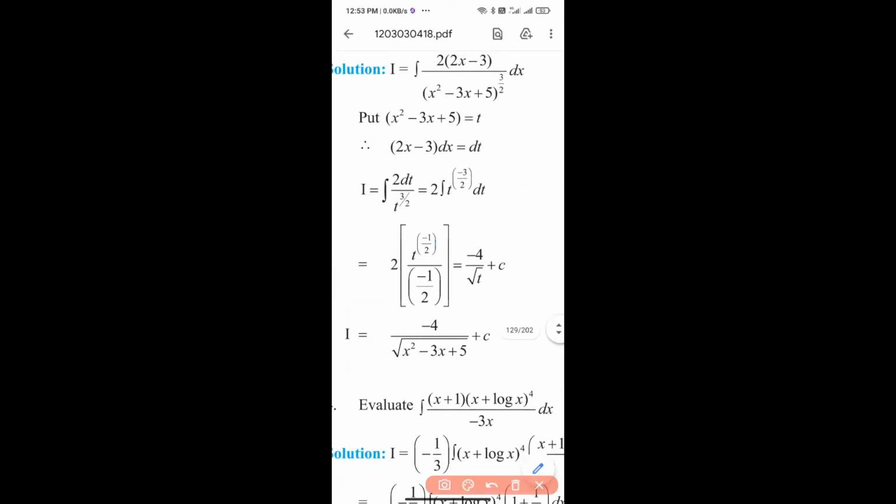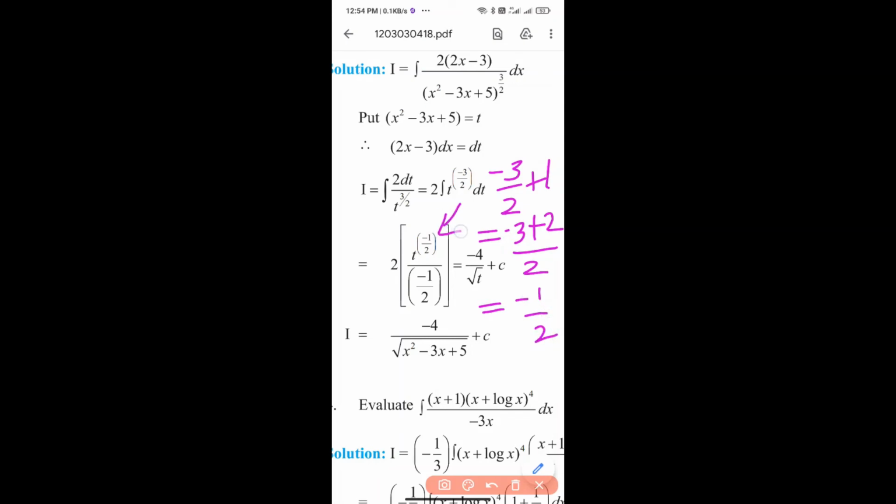So minus 3 by 2 plus 1 is equal to minus 3 plus 2 divided by 2 by taking LCM is equal to minus 1 by 2.